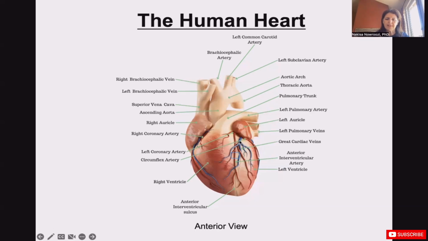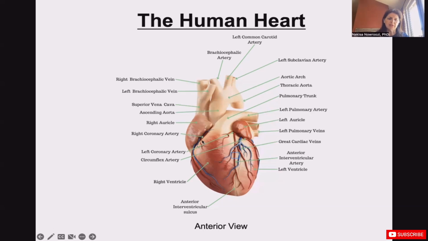You have this blue blood vessel called great cardiac vein. It actually sits in the anterior interventricular sulcus, and you have anterior interventricular artery here. We also see here coronary arteries and veins. These are the blood vessels that feed the heart itself.